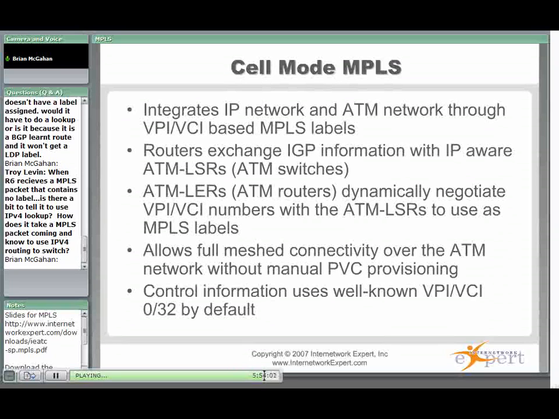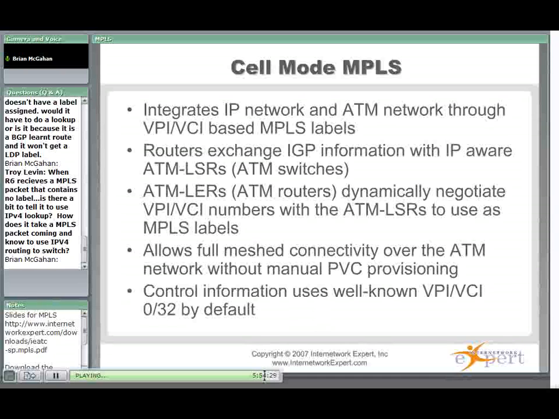Okay, so this logic of the tunneling between the neighbors that we see here, this is going to be the basis for all of the other advanced features that are going to be based on MPLS. Okay, so the basic logic is that by adding the MPLS header onto the packet, we are tunneling it through the service provider network, and the service provider network does not care what it is.